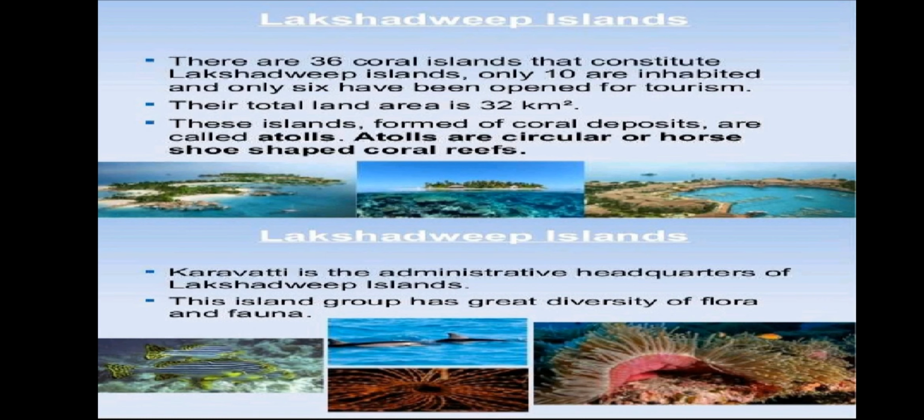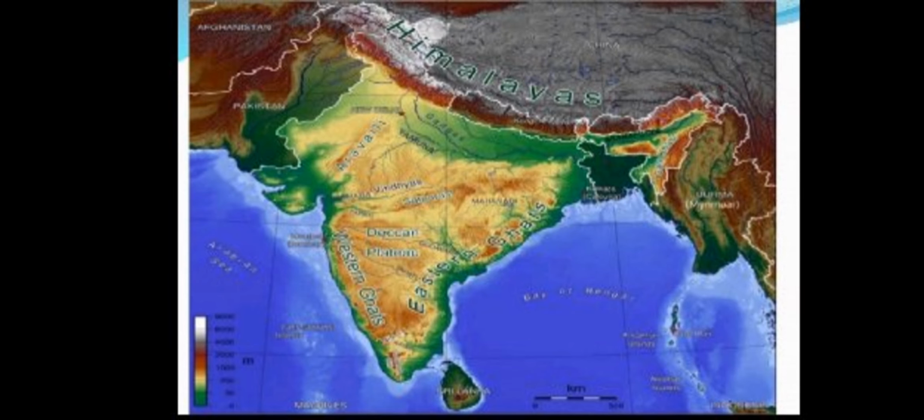We discussed why Lakshadweep is called a coral island, the administrative office, total area, everything. After that, on the slide you can see the physical map of India, where you can find Aravallis, Vindhya, Deccan Plateau, Western Ghat, Eastern Ghat, Himalayas, everything.